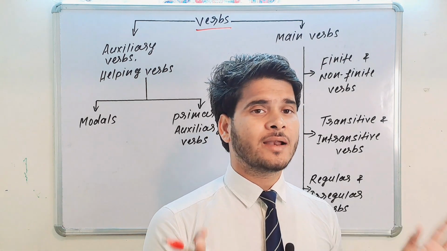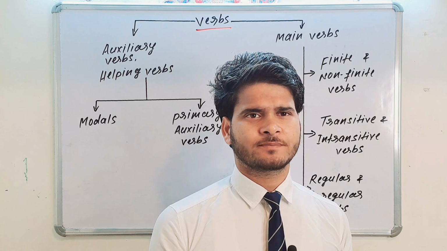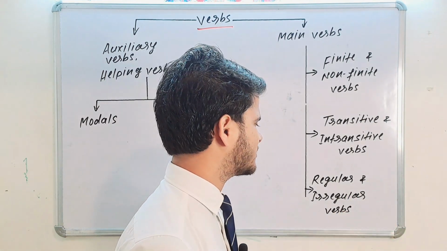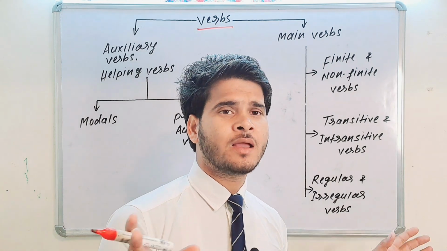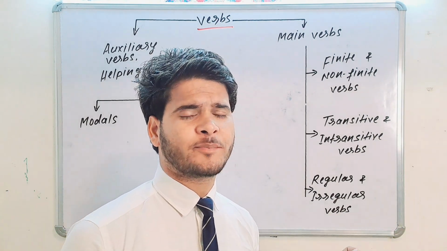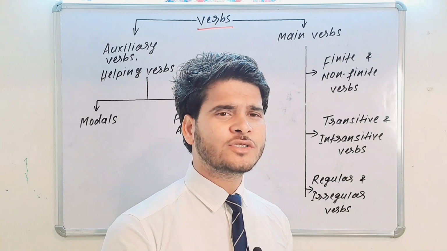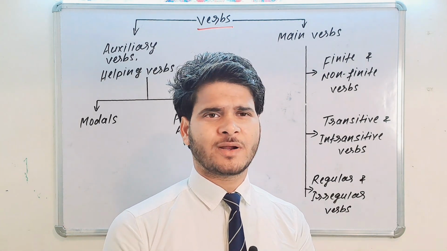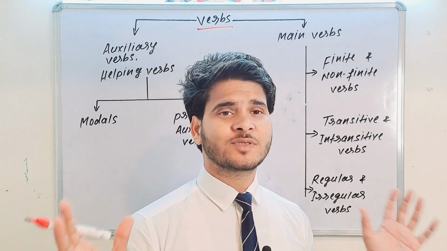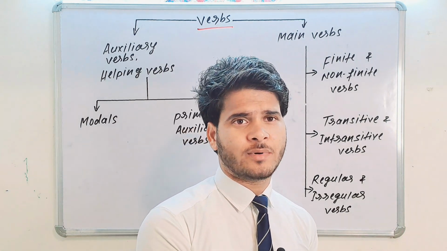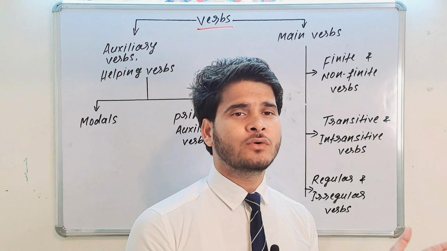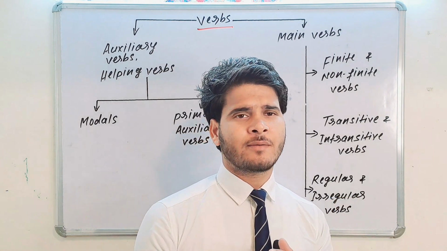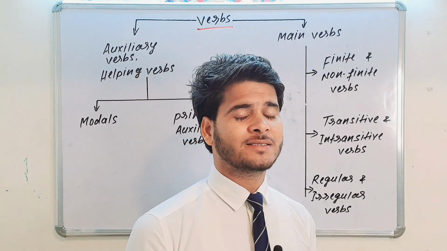Now understand regular verbs in more detail. Last but not least, regular and irregular verbs. What are regular verbs? Verbs which follow a regular pattern and are converted from present to past and past to past participle form by adding some suffix. And irregular verbs are not converted from present to past and past participle form by adding some suffix.